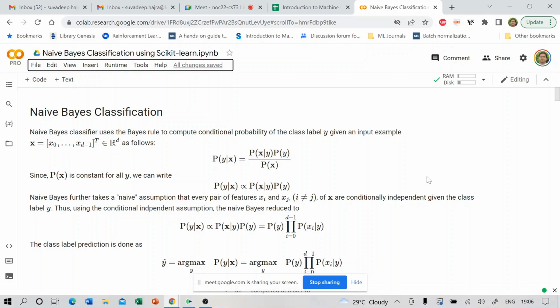That is what we are interested in, because it's a classification problem, right? For some input data we want the probability of a particular label or class.